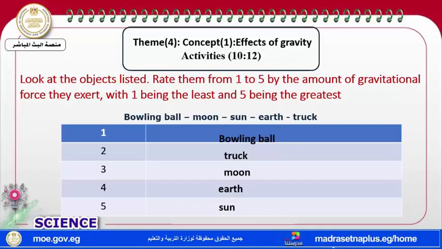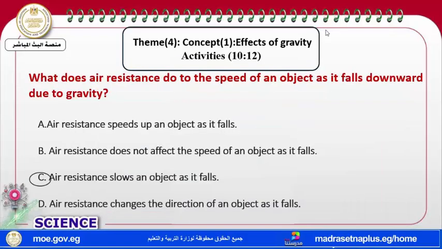So it's simple, but it needs attention to solve it correctly: we start from the least to the most. Now, there is a question. What does air resistance do to the speed of an object as it falls down by gravity?